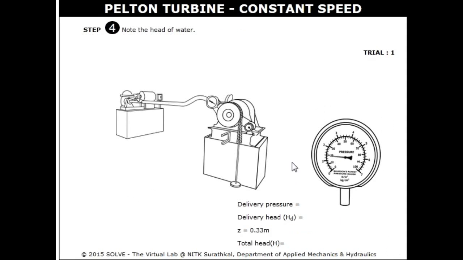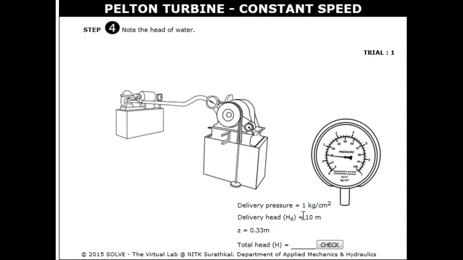For 600 RPM, the delivery head of the water over the Pelton wheel is 10 meters. So we have supplied 10 meters of head so that the Pelton wheel will rotate at 600 RPM.